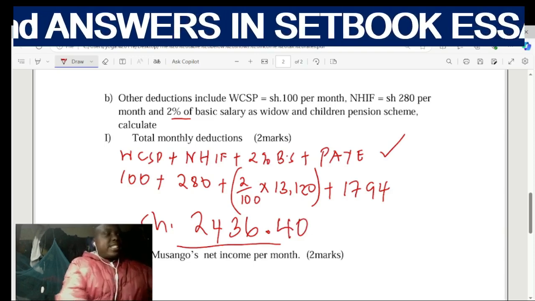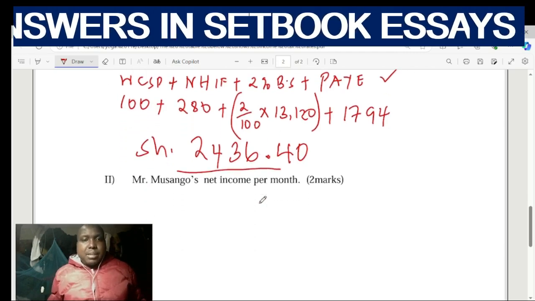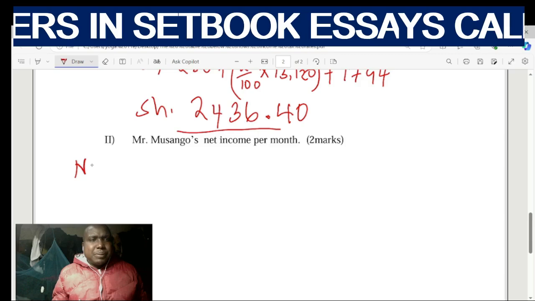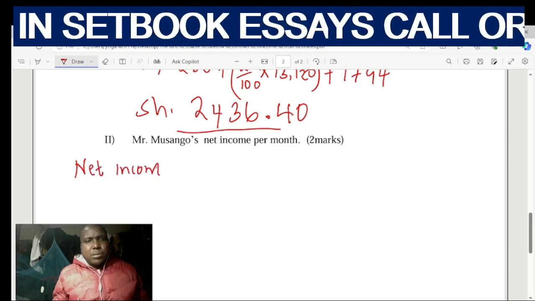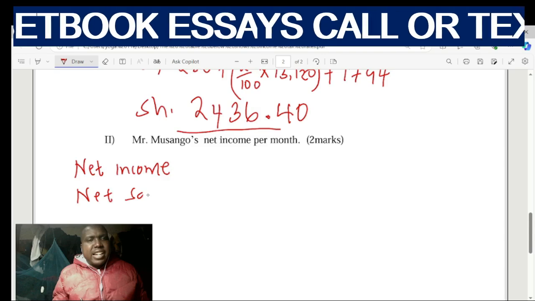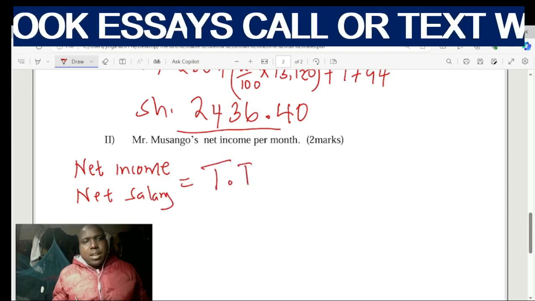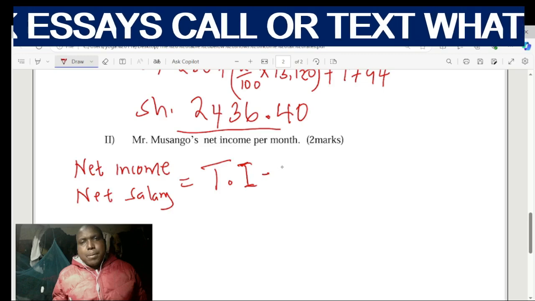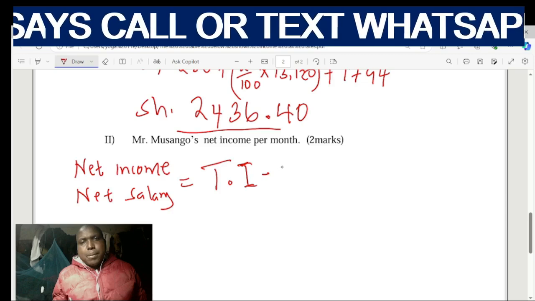Now net income. The next question is calculate Mr. Msango's net income. Net income is also called net salary. And this one is equal to taxable income minus all deductions.